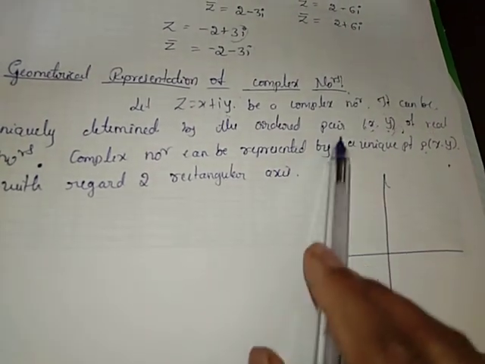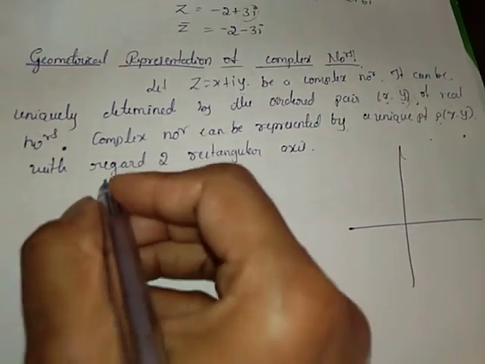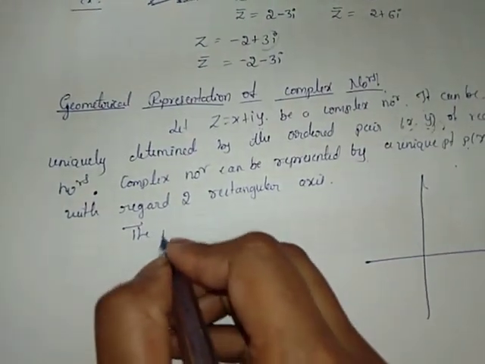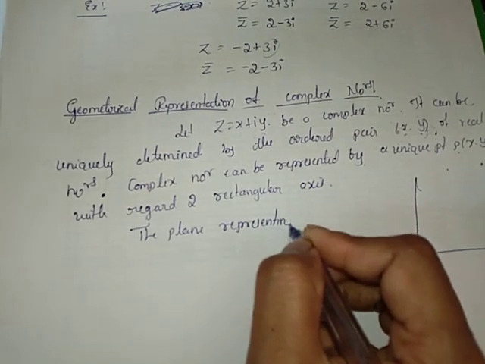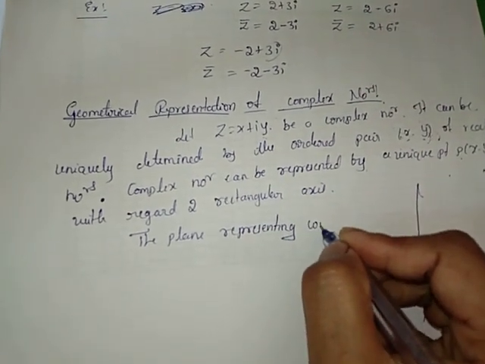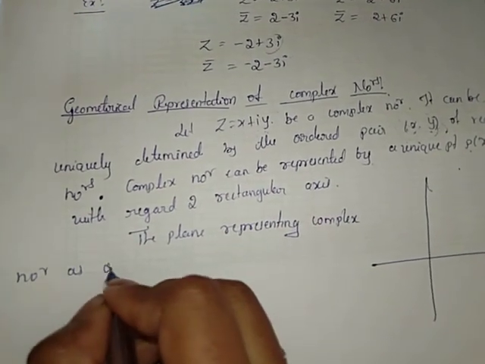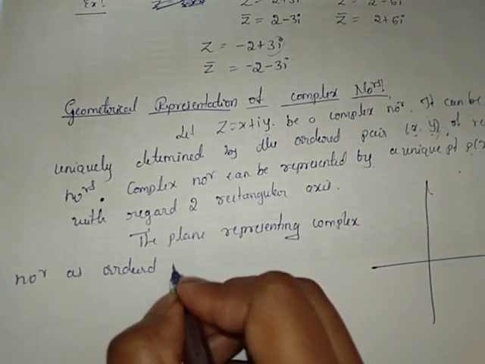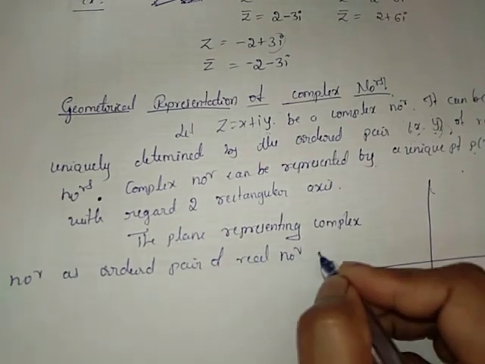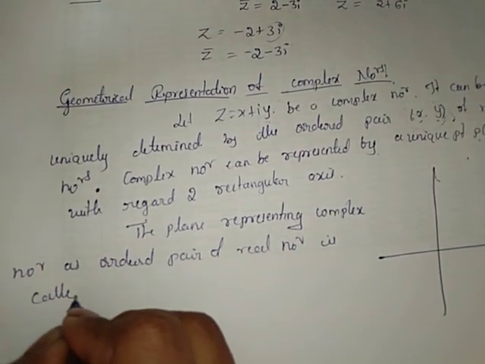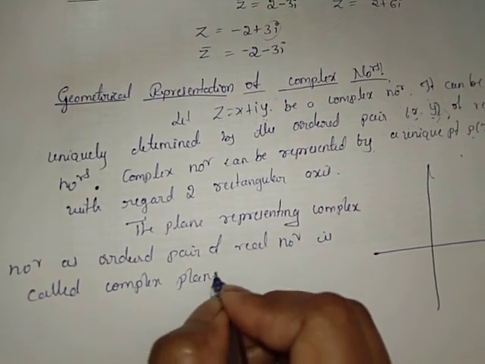The plane in which we represent the complex number as an ordered pair of real numbers is called the complex plane.